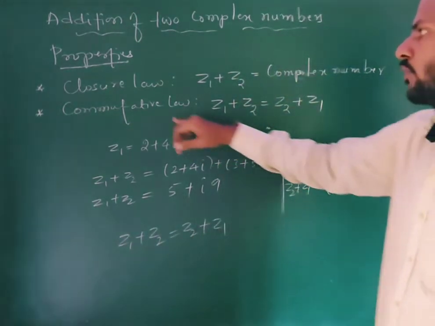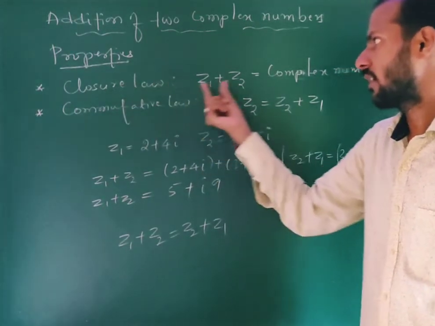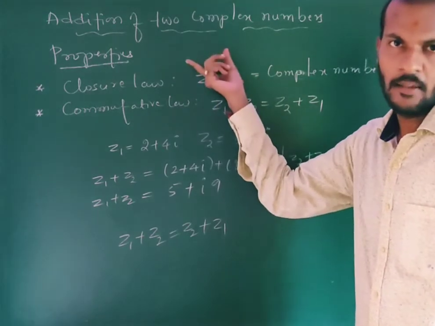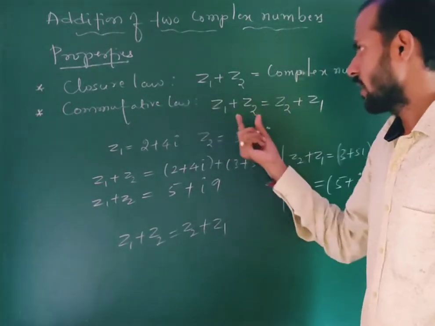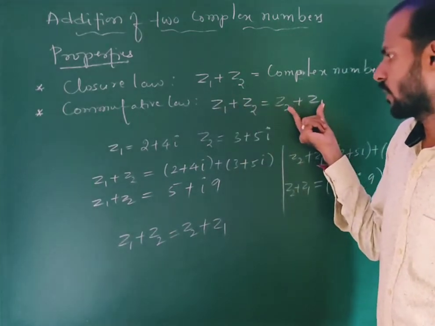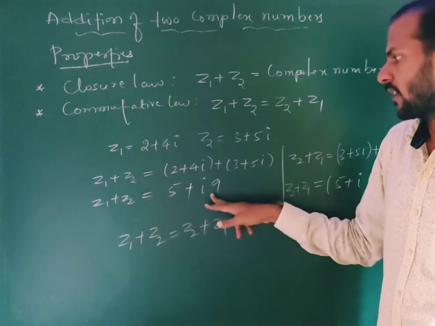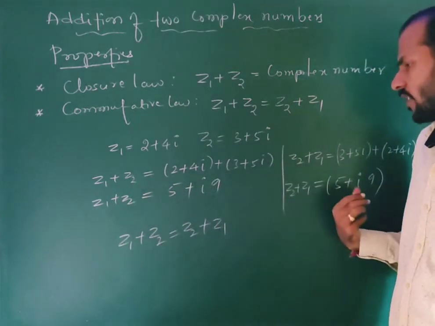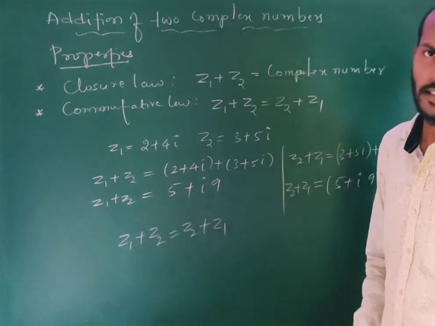Hence our commutative law is also satisfied, right? Similarly, closure law, we already solved the example earlier in the definition of addition of two complex numbers. In commutative law, Z1 plus Z2 is 5 plus 9i and Z2 plus Z1 is 5 plus 9i. Hence, commutative law is satisfied.